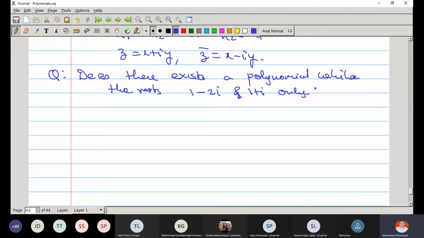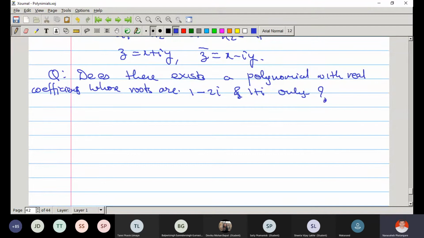Does there exist a polynomial with real coefficients? So what I expect here is a polynomial with real coefficients whose roots are these only.